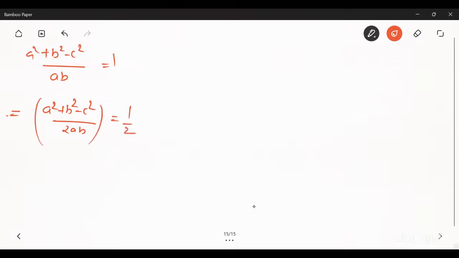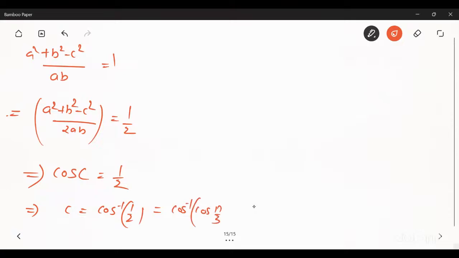Now that is the value of cos C. So cos C is equal to half. If cos C is half, then C is equal to cos inverse of 1 upon 2. Cos pi by 3 is equal to 1 by 2. That means C is pi by 3, which is equal to 60 degrees.